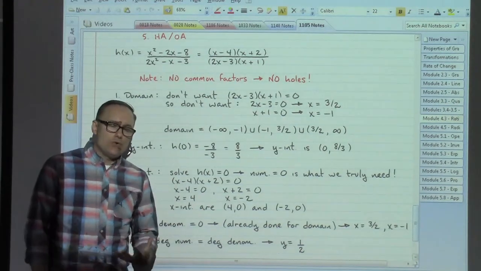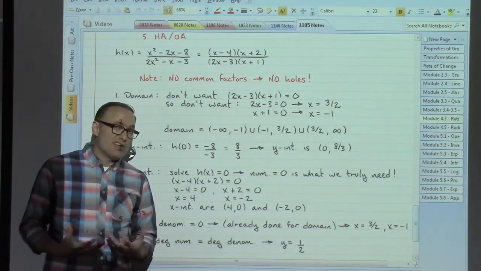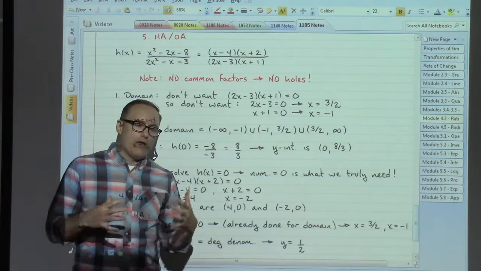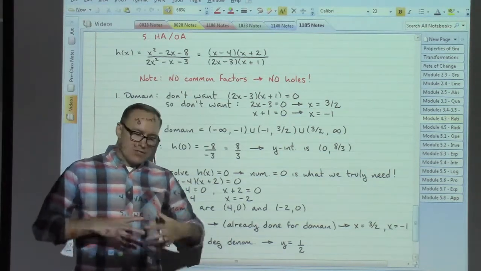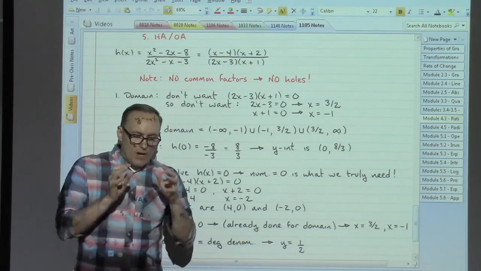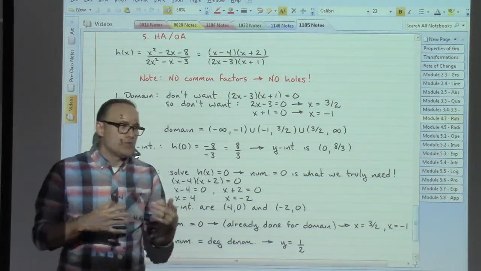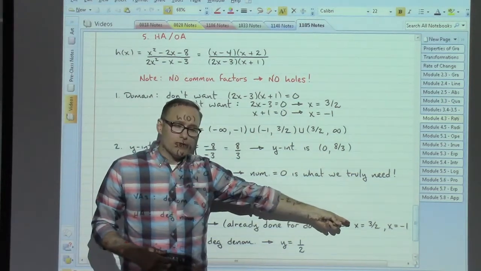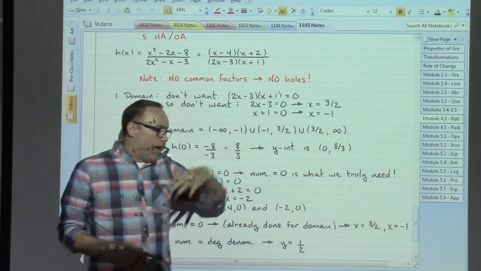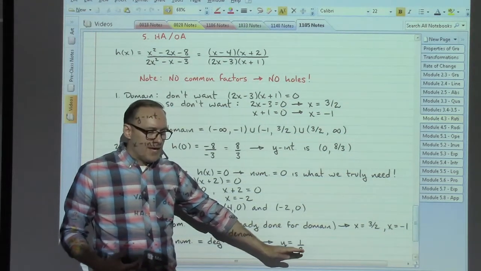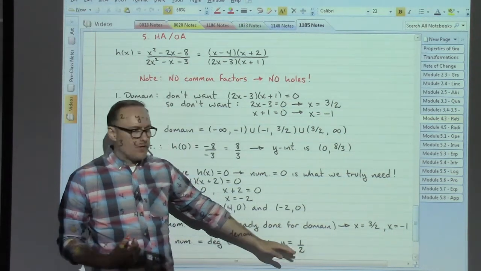If we needed to graph, like sketching things by hand, we could take this stuff, we could put it together on a grid, and then we can start trying to, with critical thinking, piece together how are things going to look as we approach those vertical asymptotes. How are things going to look when we approach that horizontal asymptote off to the left, off to the right?